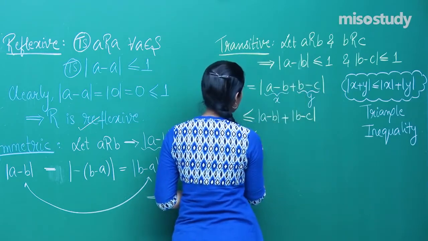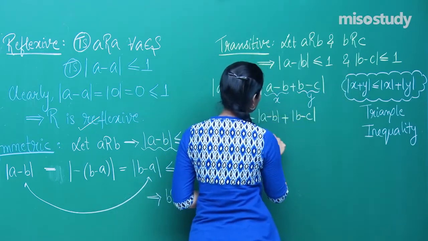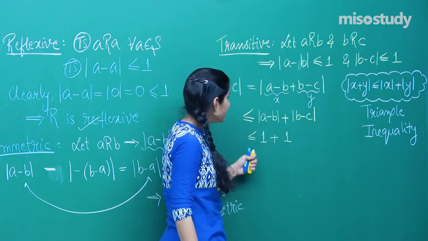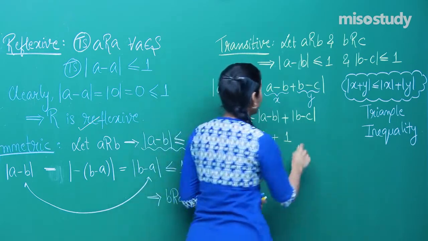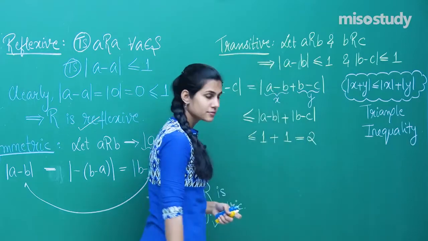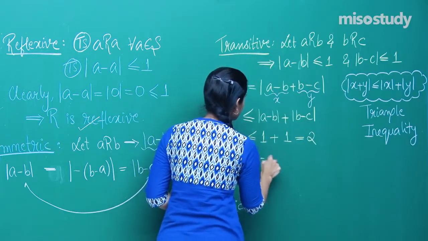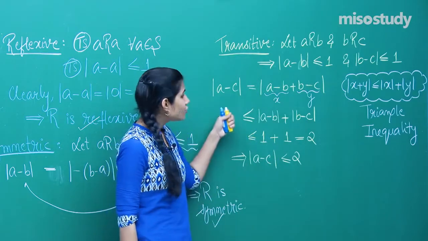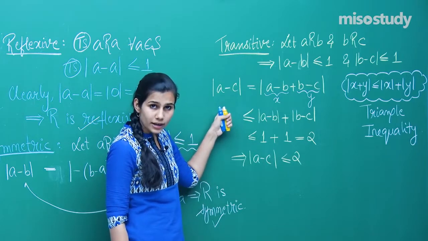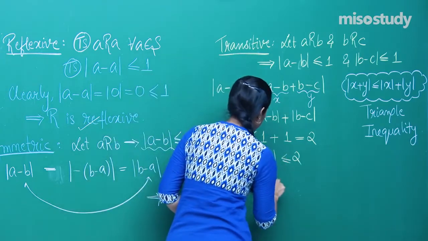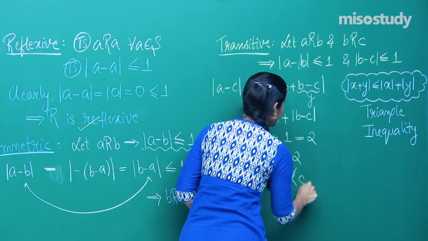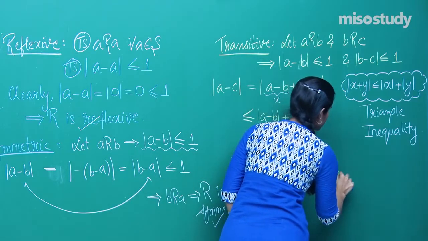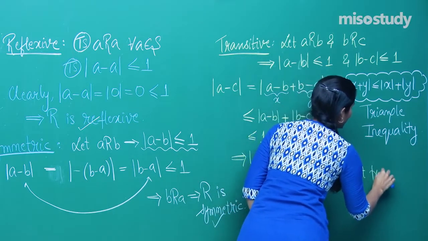But mod of A minus B is less than equal to 1 and mod of B minus C is again less than equal to 1. So, mod of A minus B plus mod of B minus C is less than equal to 1 plus 1, which is 2. It is coming out that distance between A and C is less than or equal to 2. It is not definitely less than or equal to 1. That means A is not related to C under the relation R, or I can say R is not transitive.